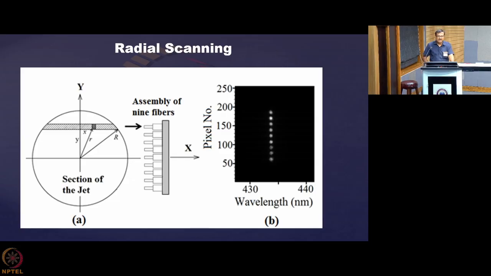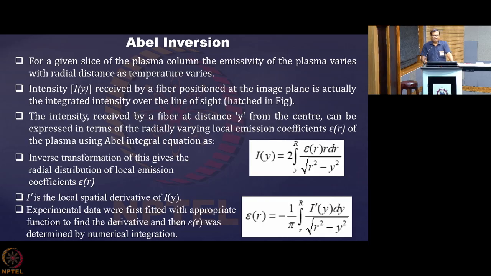So how to circumvent this problem? For a given slice of plasma column, the emissivity of the plasma varies with radial distance as temperature varies. Now the intensity received by a fiber positioned at the image plane is actually the integrated intensity over the line of sight, as I told you. The intensity received by a fiber at a distance y from the center can be expressed in terms of the radially varying local emission coefficient epsilon r.